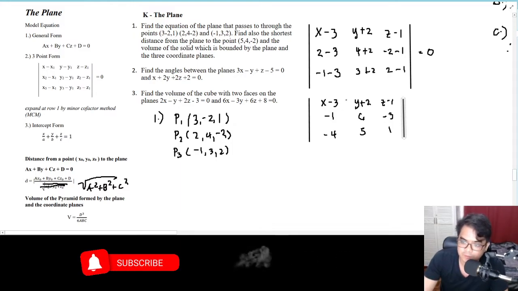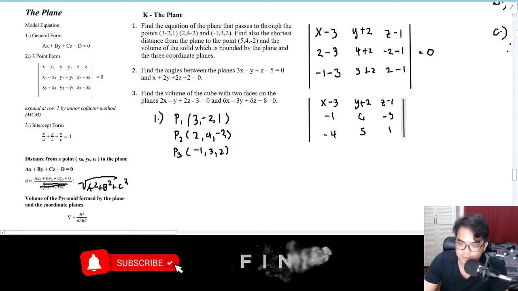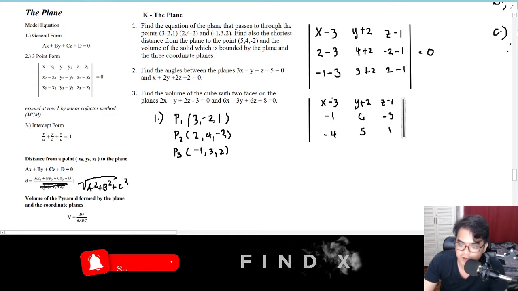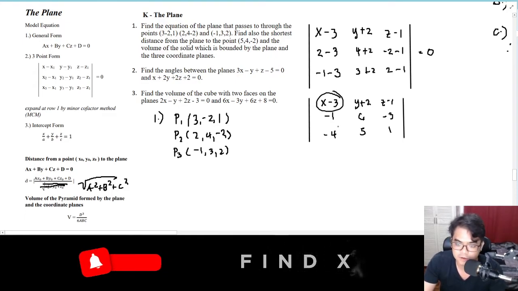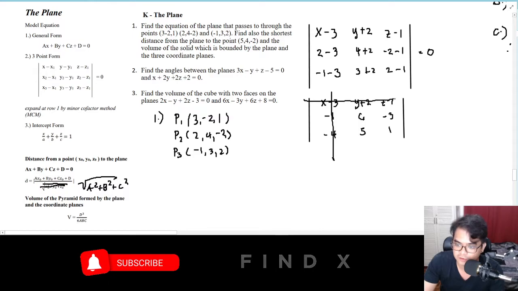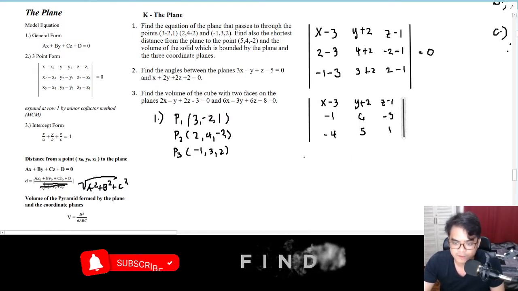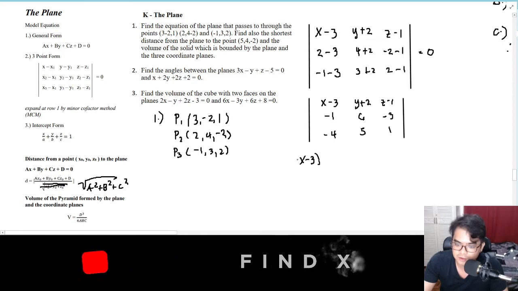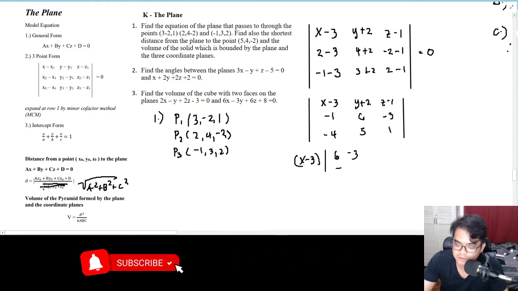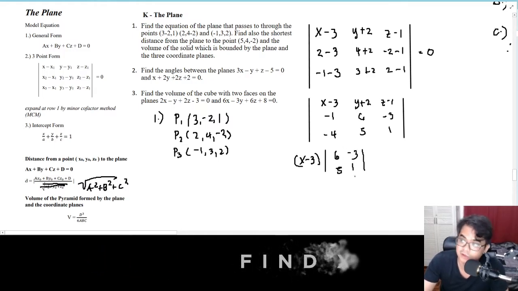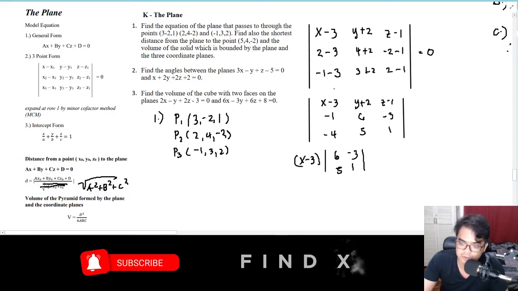Applying the MCM, all you have to do is cross out this row and column, and you will be left with this one. For example, that is x minus 3 times the 2 by 2 determinant 6, negative 3, 5, 1. So you simply get the determinant of this.